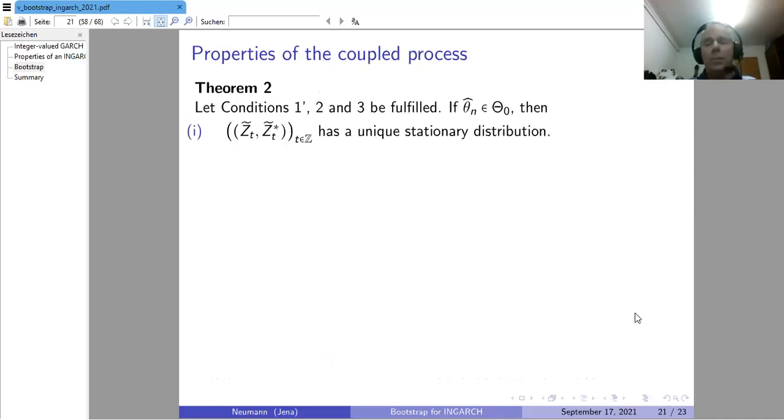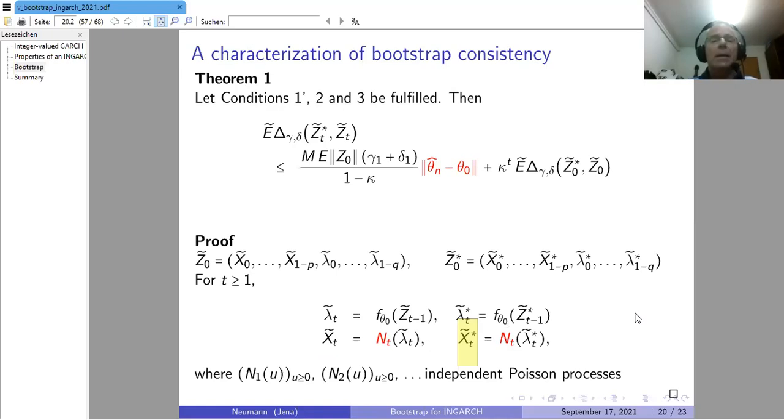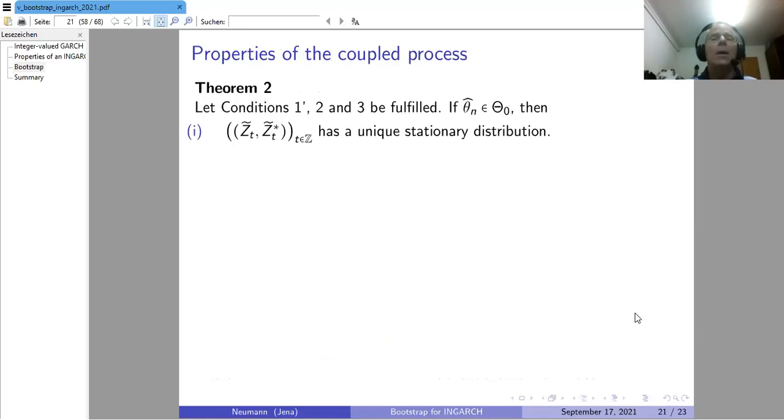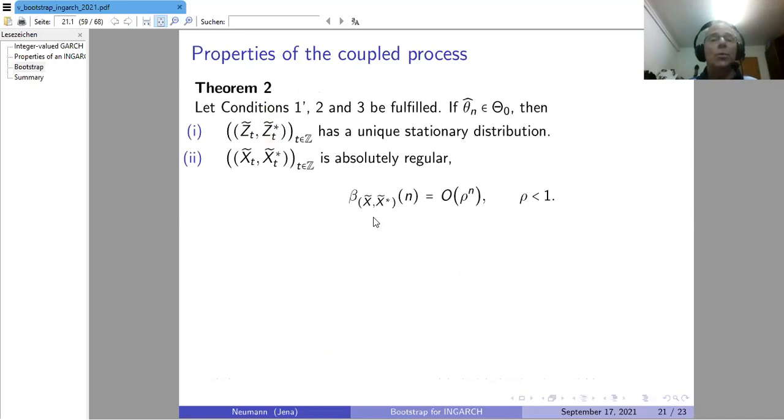And then based on this coupling result, based on theorem 1, we can show that also the coupled process here, this is one version of the original process, this is one version of the bootstrap process, this coupled process has a unique stationary distribution, and the coupled version of the count processes is absolutely regular.